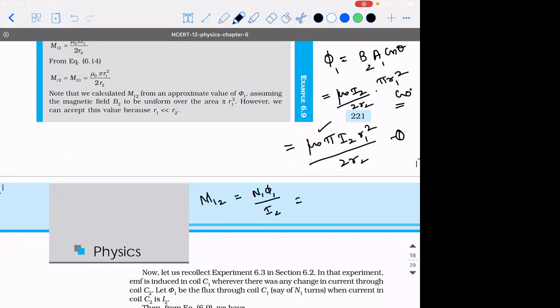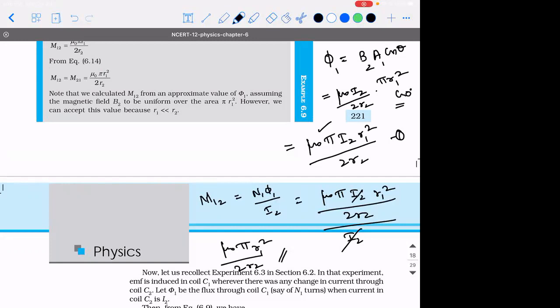So N1φ1 is mu naught pi I2 R1 square divided by 2 R2, divided by I2. I2 and I2 will get cancelled. So mu naught pi R1 square divided by 2 R2 is going to be the value of the mutual inductance of the first coil with respect to the second.